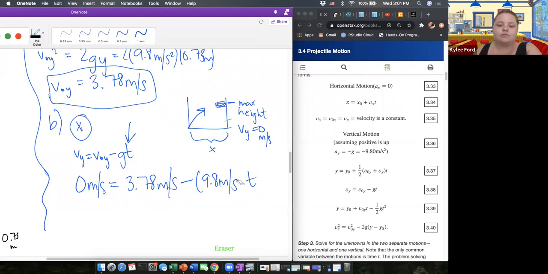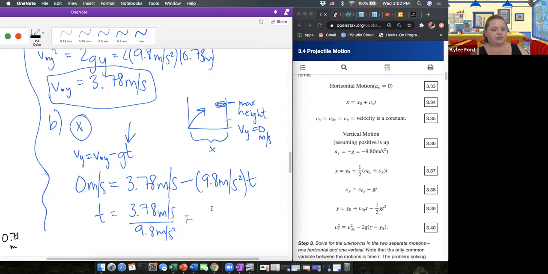That kind of got crazy there. There we go. Then we solve for t: adding that over, t equals 3.78 divided by 9.8, and that is approximately the value we got earlier.